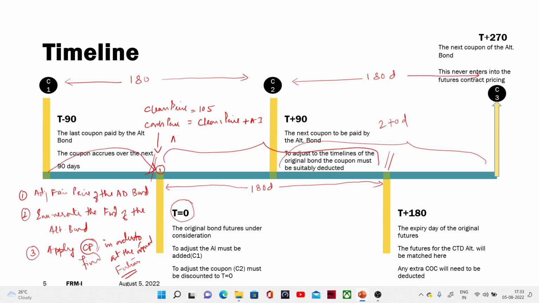So what is that component? It is paying 12%, so 6% every 6 months. Assuming that the face value is 100, it is going to be 6% into 180 divided by 360, so that is going to be 3%, or on a face value of 100, it happens to be 3. So the cash price in this case happens to be 105 plus 3 is equal to 108. Okay, so we found out the cash price here.